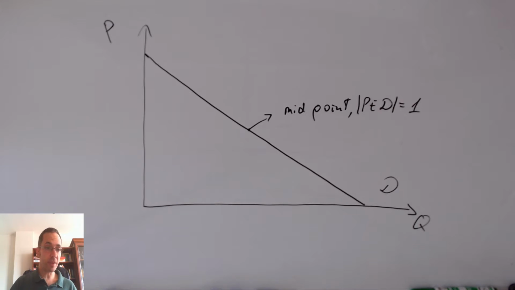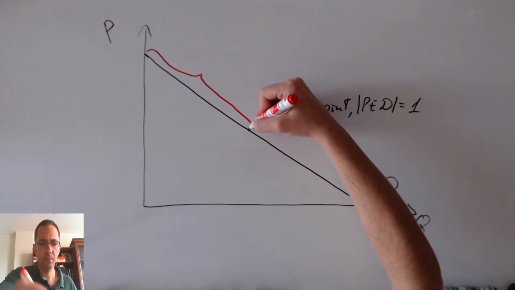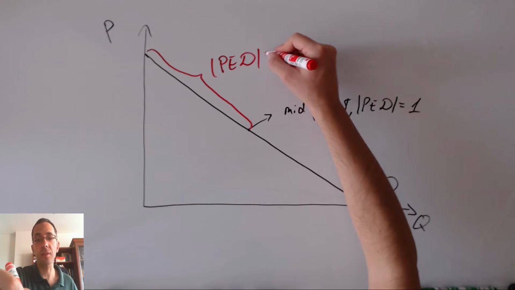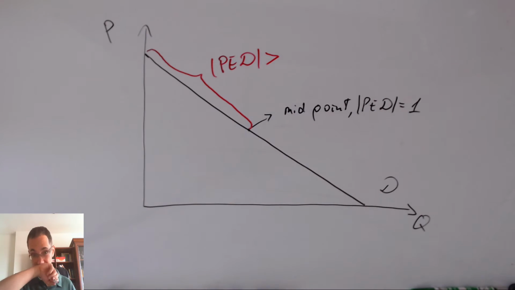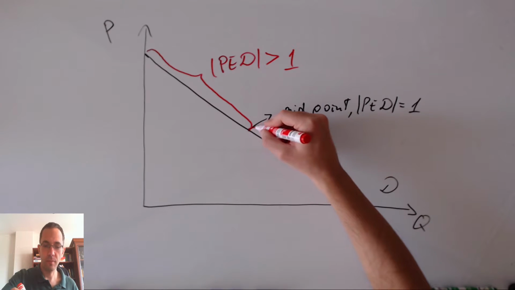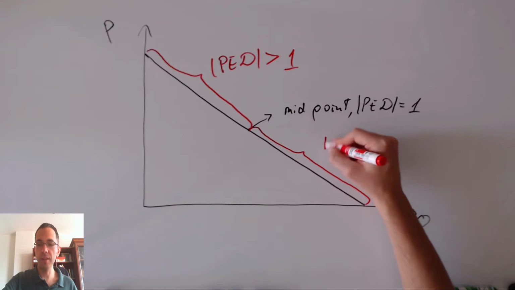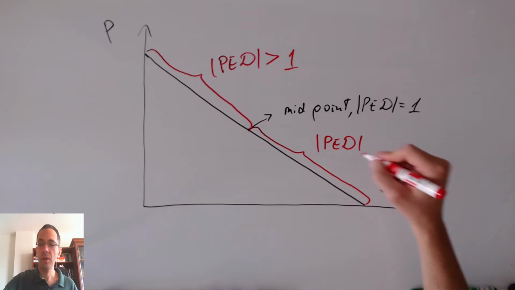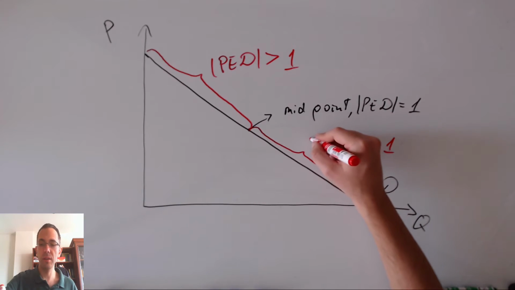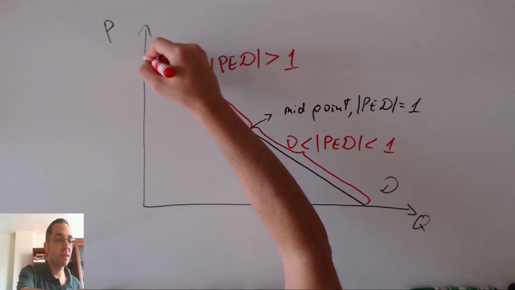In this upper section, the PED would be elastic, so this would be greater than 1. And in this section, price elasticity of demand would be inelastic, so it will be less than 1 and greater than 0.